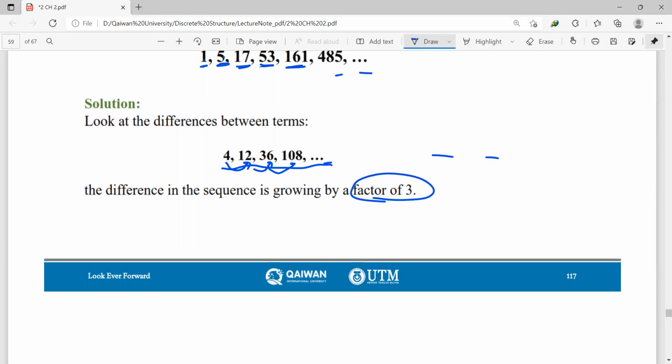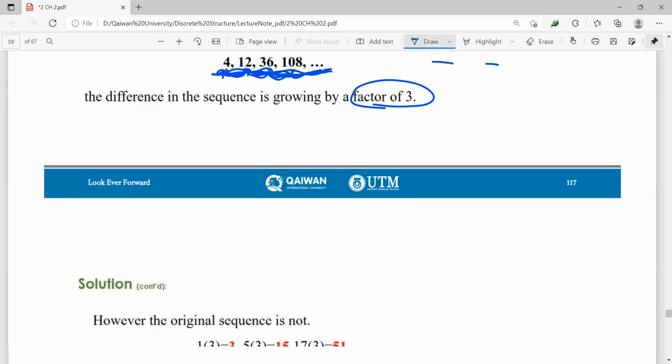So from this sequence that we get, which is the sequence of the difference, we see that the difference is going by factor 3. Each one is multiplied by 3 to get the next one.